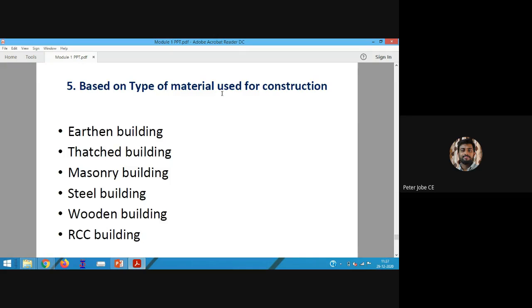So that's why we need a foundation at a given depth. Our structure, which takes the total weight, will be the soil, but the materials used will be concrete. So we need to properly distribute the load from different materials to the soil. That's why we provide a foundation. But in the case of an earthen building, we need not provide a foundation.